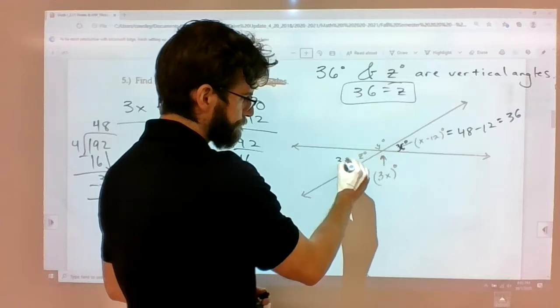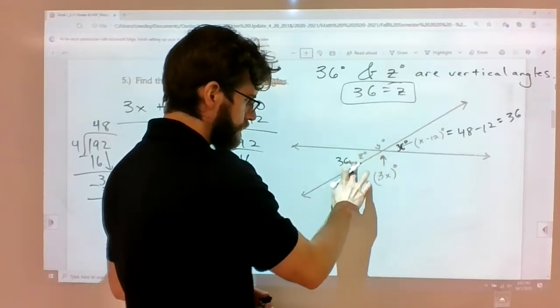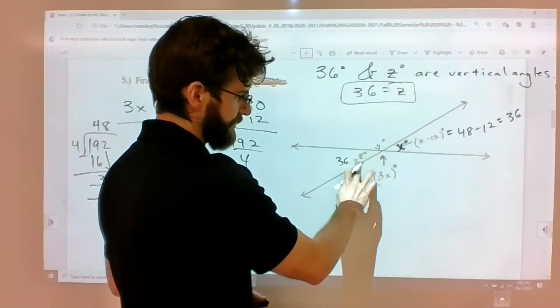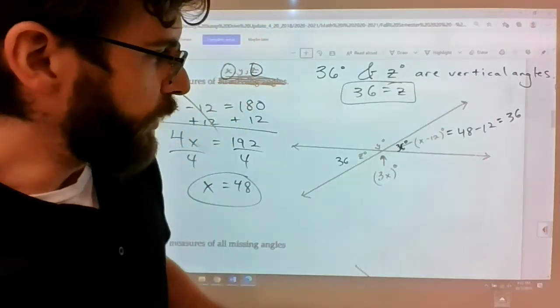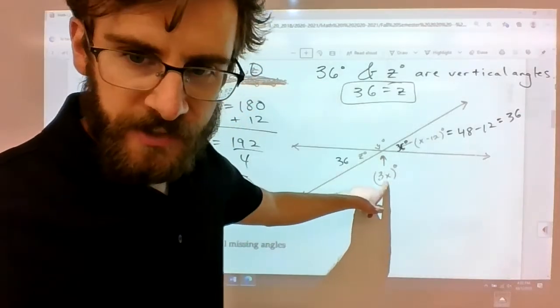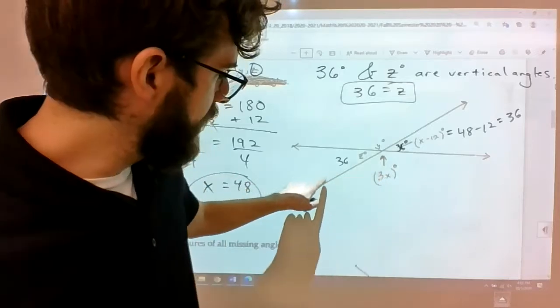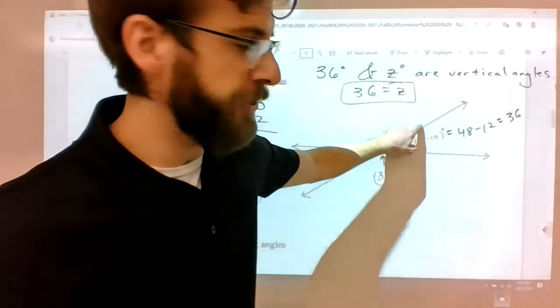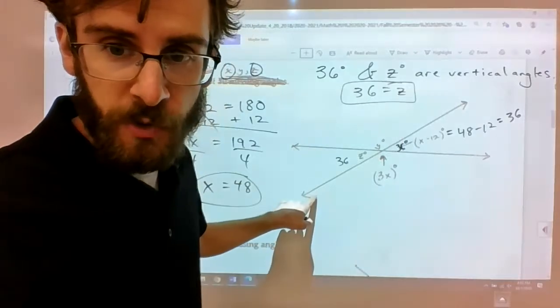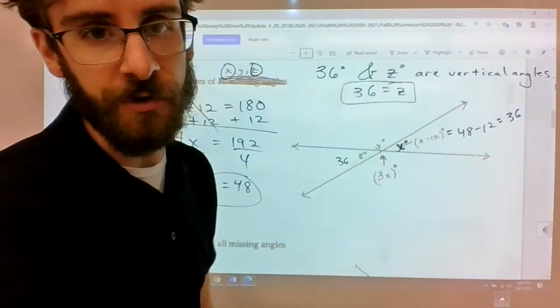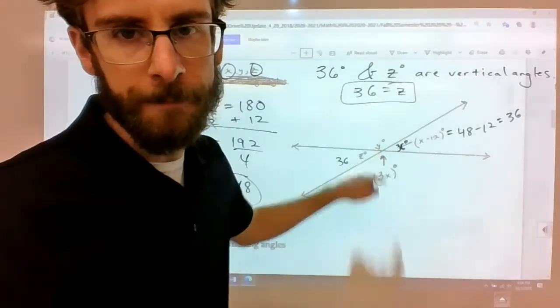So now, we have a couple options. We could figure out what 3x is and then say that's equal to y. Or we could say these two add up to 180 degrees. So I could take 180 minus 36, and that would give me y.